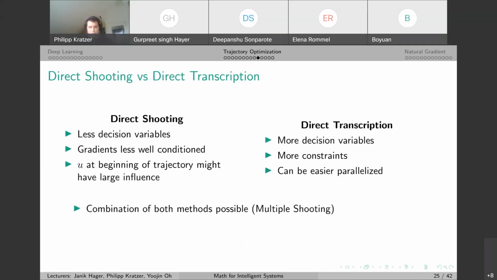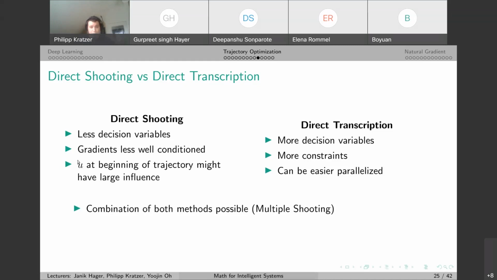When comparing these two methods, direct shooting has fewer decision variables because the state is not added, but it might suffer from gradients that are less well conditioned, because we chain this together, and if we have complicated dynamics and maybe large matrix multiplications, then the gradients could vanish in the end.